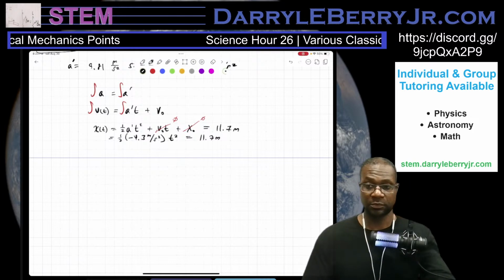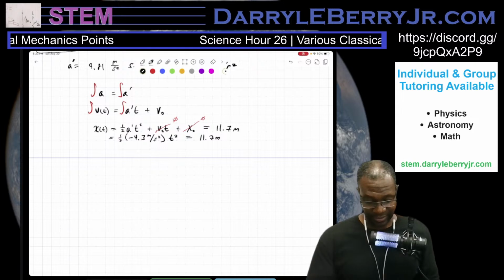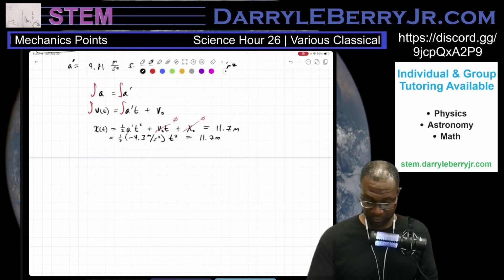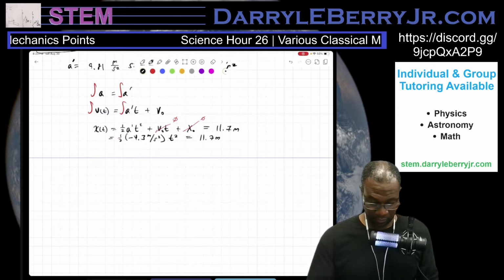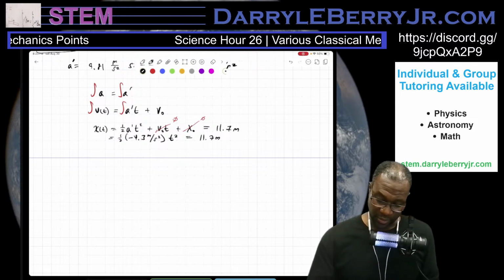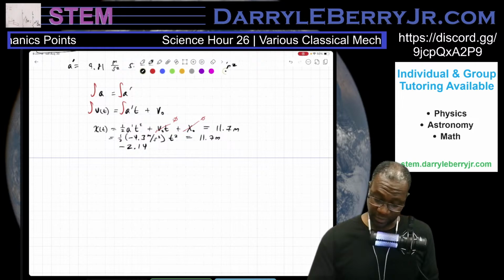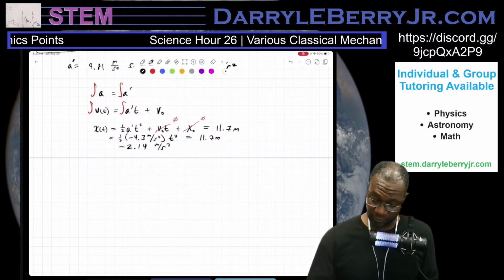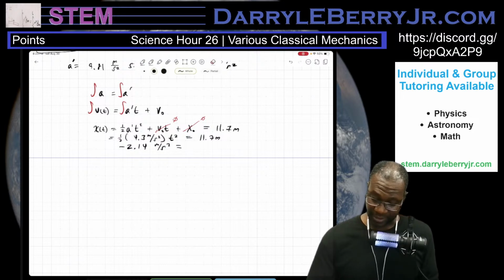So if I were to divide that, I have 2.14 meters per second squared equals, we can actually drop the negative here, 11.7 meters.